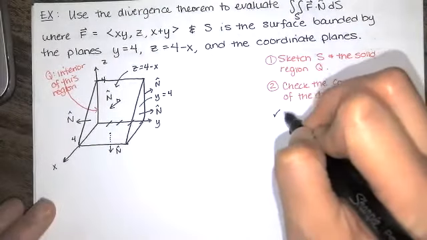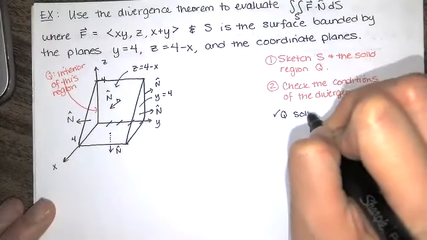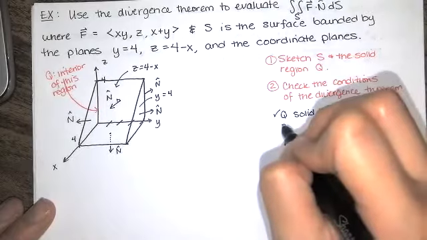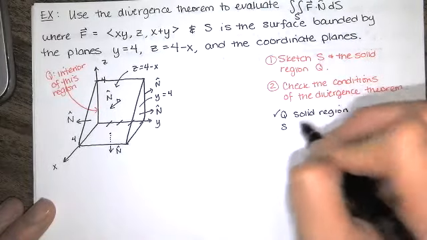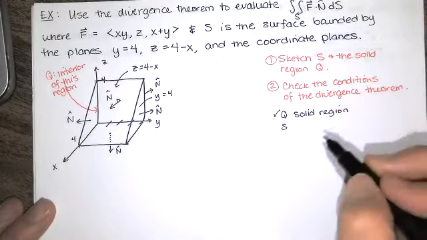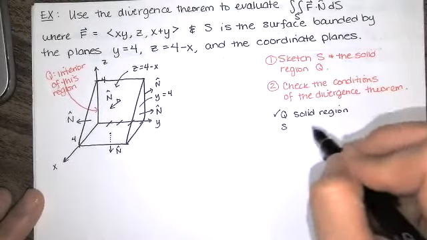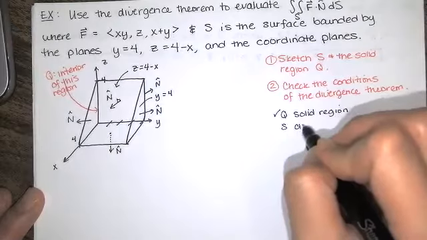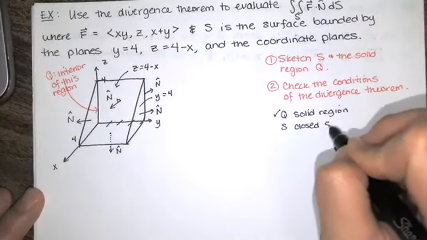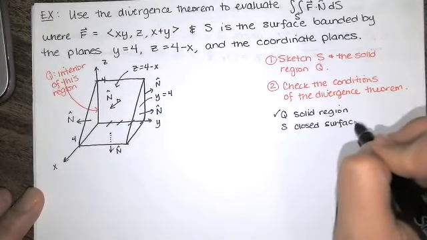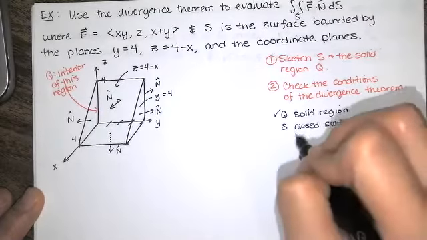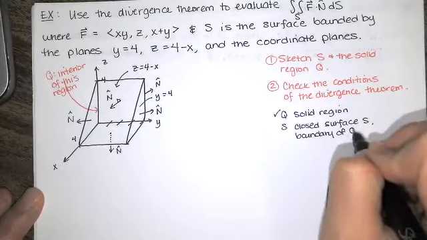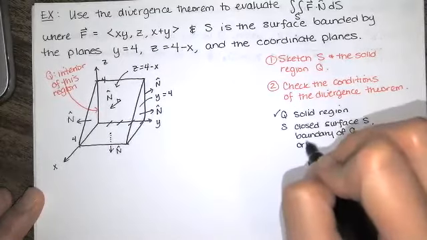We have a solid region Q. We've got a closed surface S that is the boundary of Q, oriented outward.